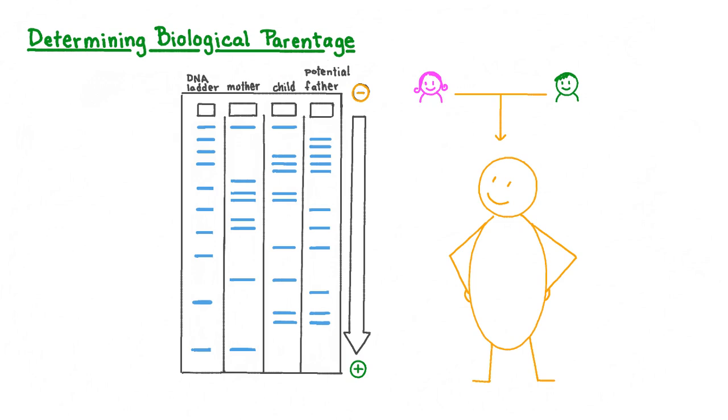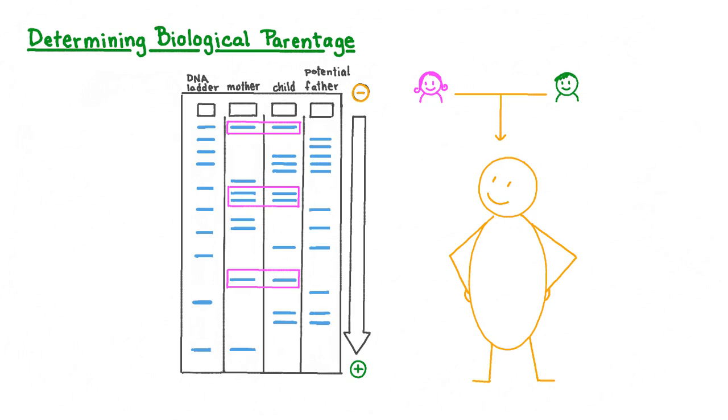They then follow the same steps we've discussed previously to create a DNA fingerprint for each person. And to determine that this potential father is actually the likely father of this child, first, the portions of the child's DNA fingerprint that are shared with the mother are identified and eliminated.